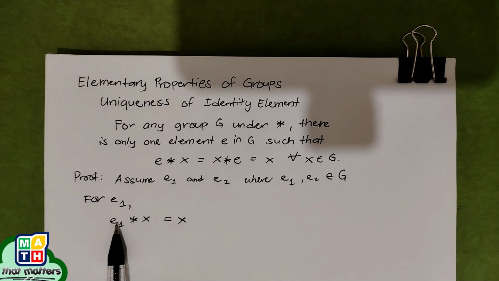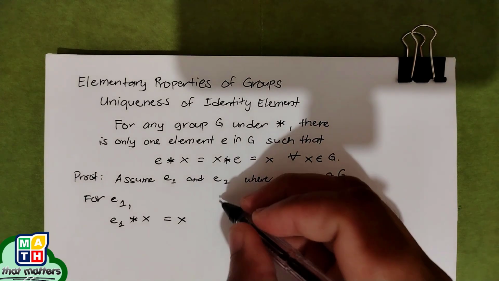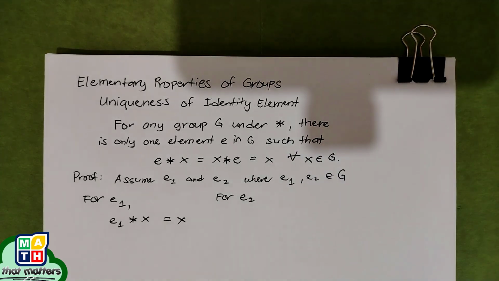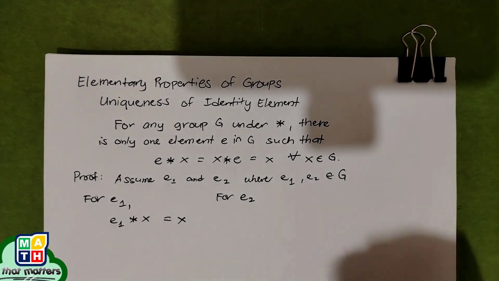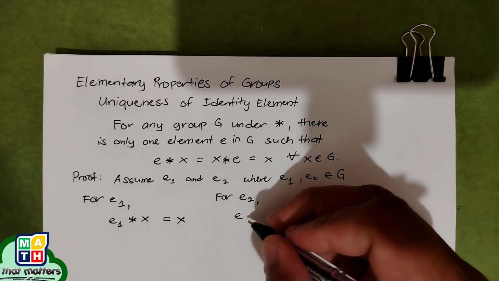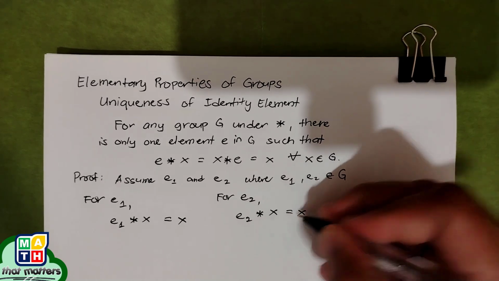Since e sub 1 is assumed to be an identity element, this is true. Then for e sub 2, the other identity element, following the same statement, e sub 2 star x is also equal to x.